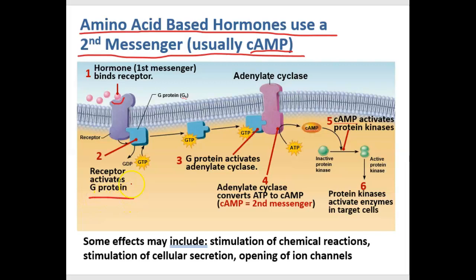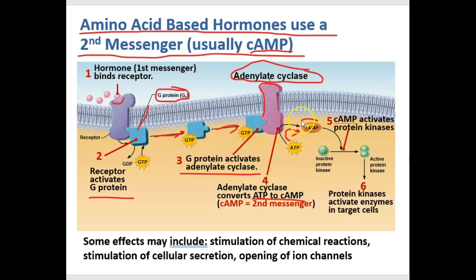That process of binding activates a neighboring protein called G protein, listed right here. So G protein is activated, and it can move within the membrane, and what it does is it activates a neighboring enzyme or protein. In this case, it's called adenylate cyclase. And what adenylate cyclase does is it converts ATP to cyclic AMP, which is shown right here.